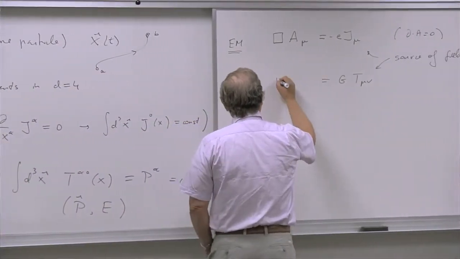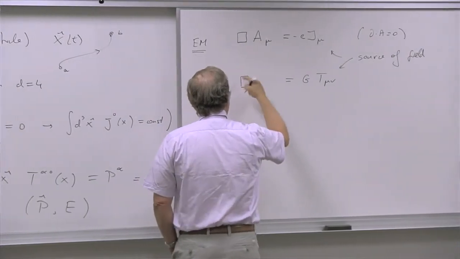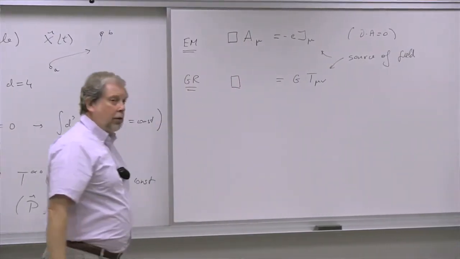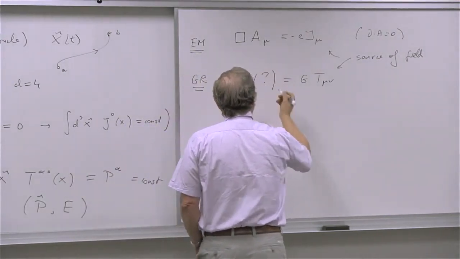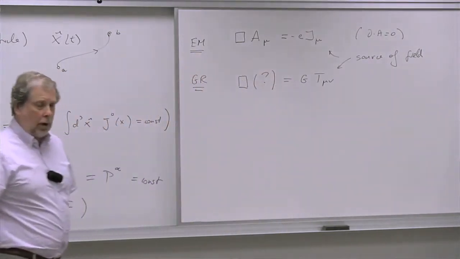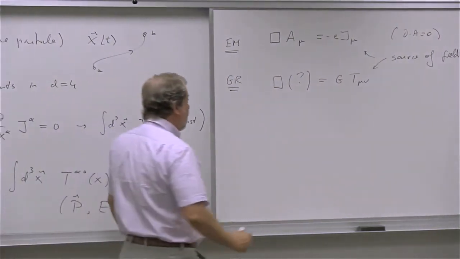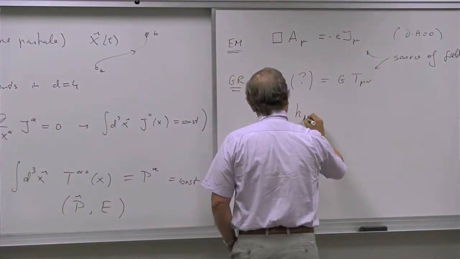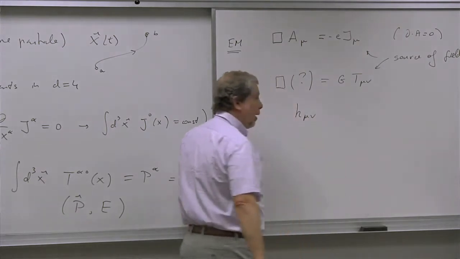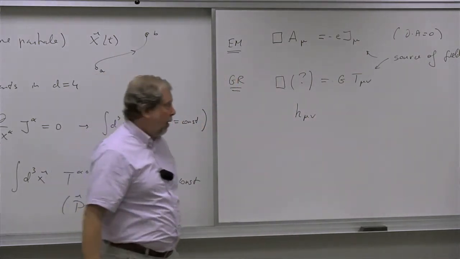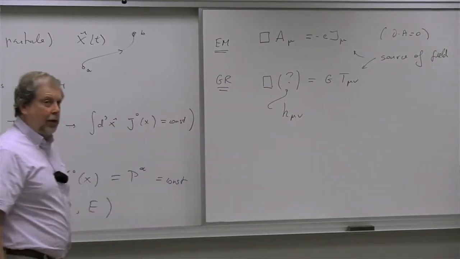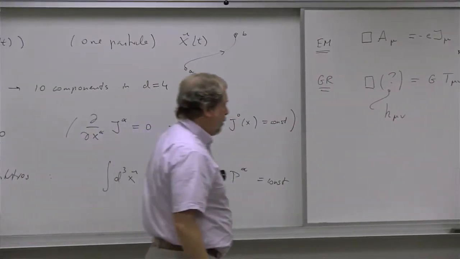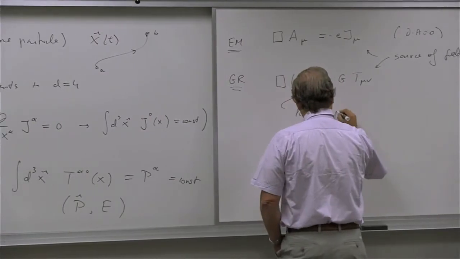So if you write the analog of that, for some sort of wave equation, you would write box times some mystery object here is equal to T mu nu, right? And that mystery object has to have 10 components, right? That object, which we could call provisionally the gravitational field, has to have 10 components.